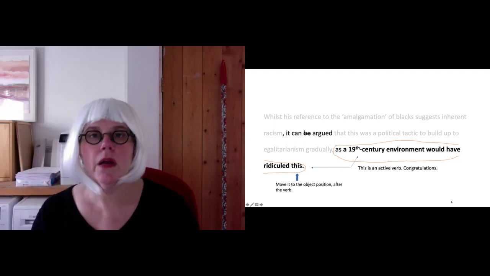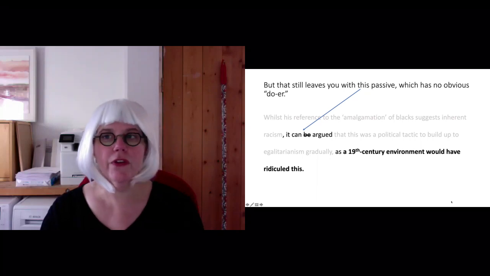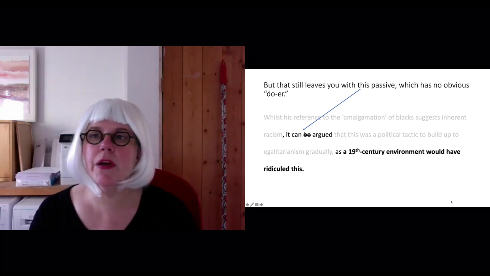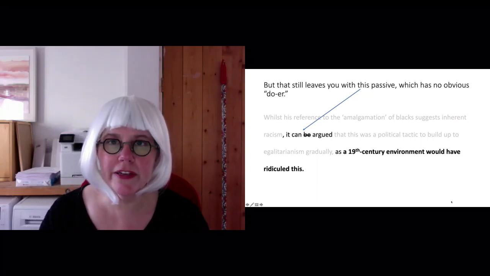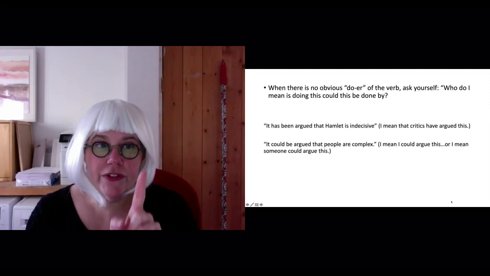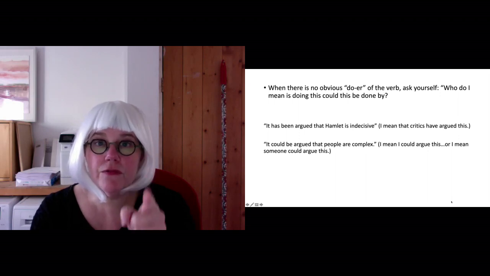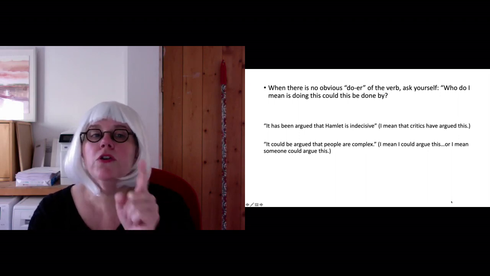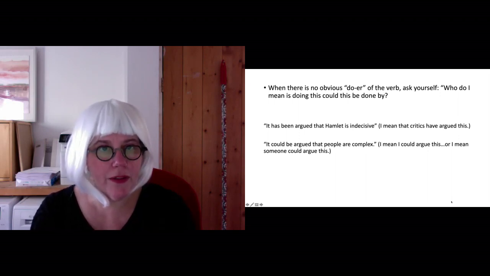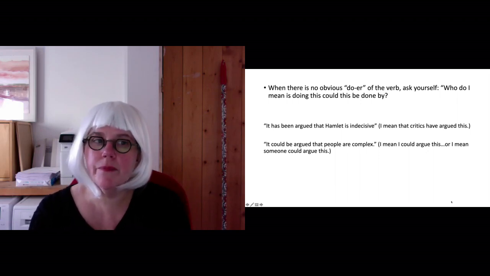Just hold on. Now, let's return to our more difficult passive voice, right? This, "it can be argued," which has no obvious doer. When there is no obvious doer of the verb, ask yourself as the writer, who do I mean is doing this, or who do I mean this could be done by?